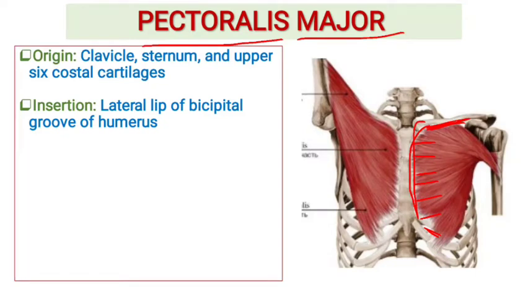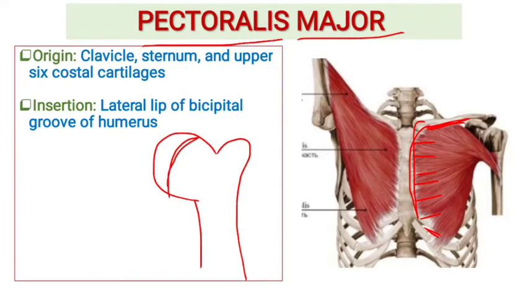So let's try to draw your proximal humerus. You have the head over here, and then you have your greater and your lesser tubercles or tuberosities over here. In between your tubercles is what we call your intertubercular groove. The borders of the bicipital groove or the intertubercular groove are what you call its lips. So it has two lips, a medial lip and a lateral lip. The medial border here near the head is also known as your medial lip.